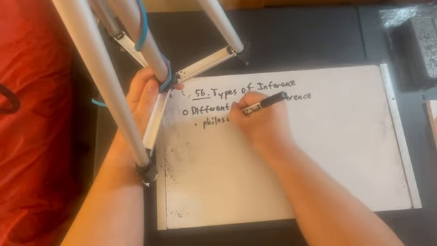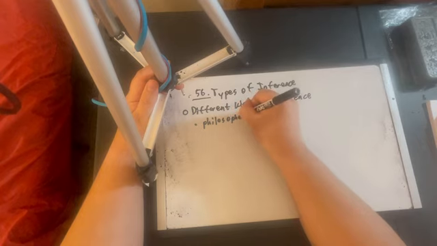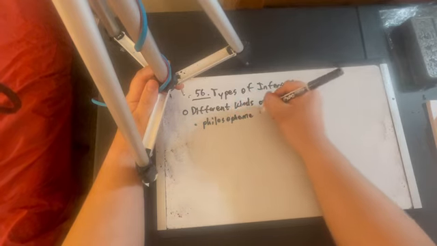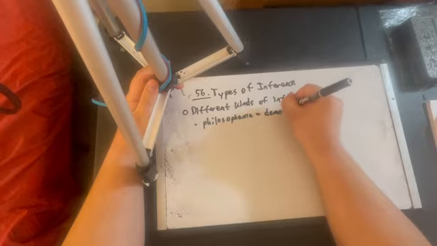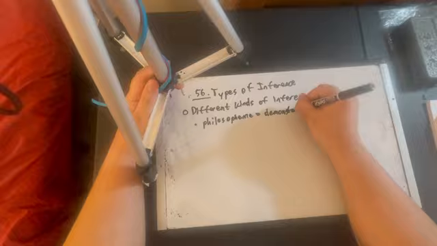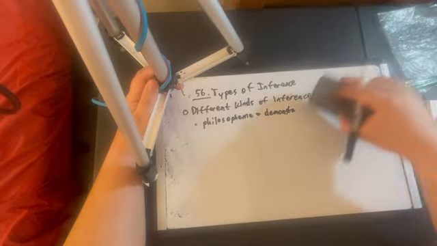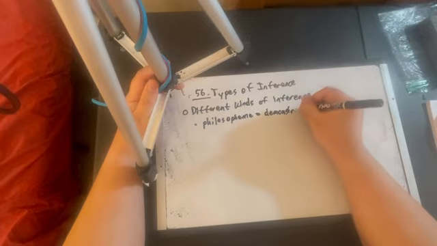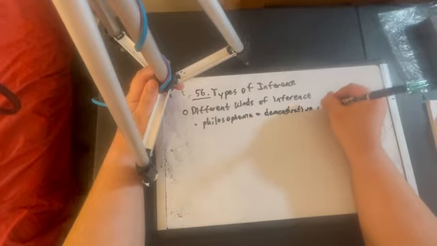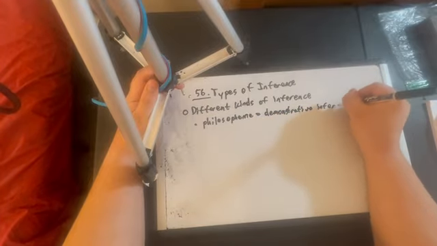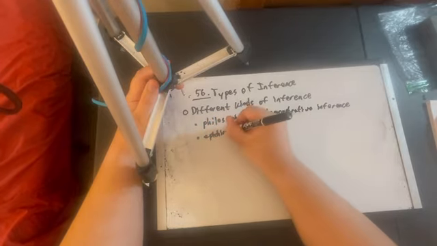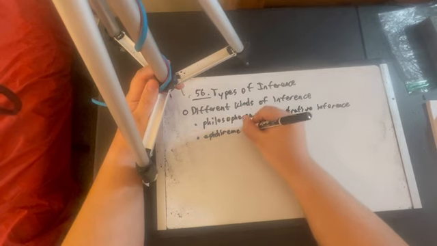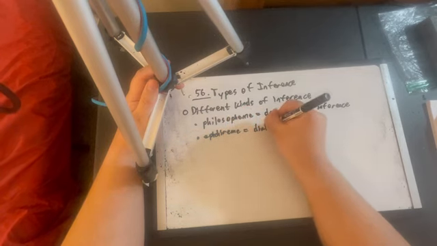One is philosopheme, which is equivalent to demonstrative inference. Epicheireme is equivalent to dialectical inference.